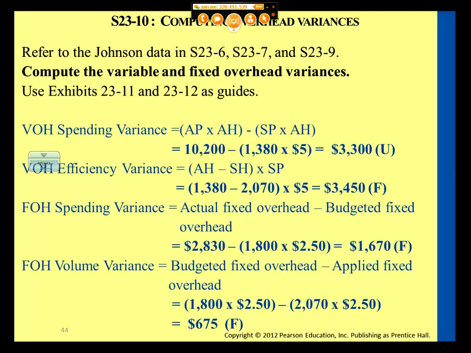I don't have it written, but it is. And then what is another number that you're looking for? It's your direct labor hours that were budgeted, right? Allowed, so to say. You're going to see it as allowed in problems. 2070.